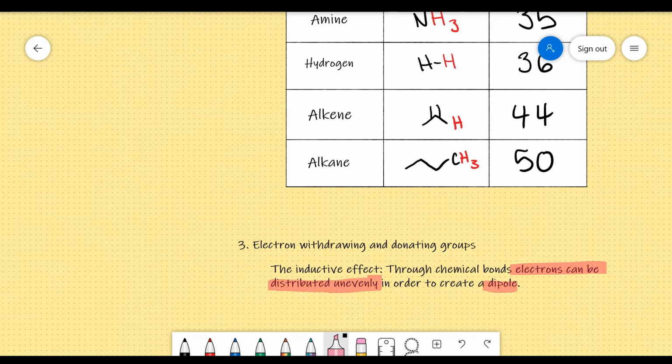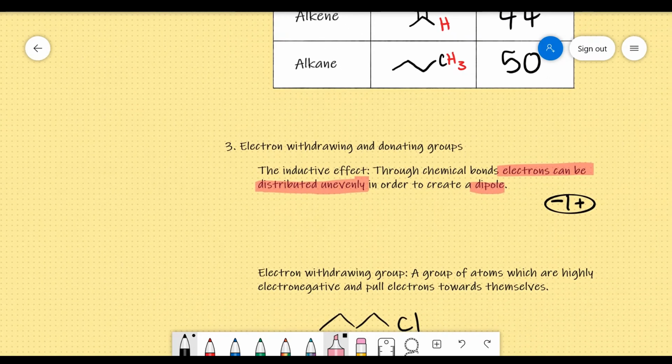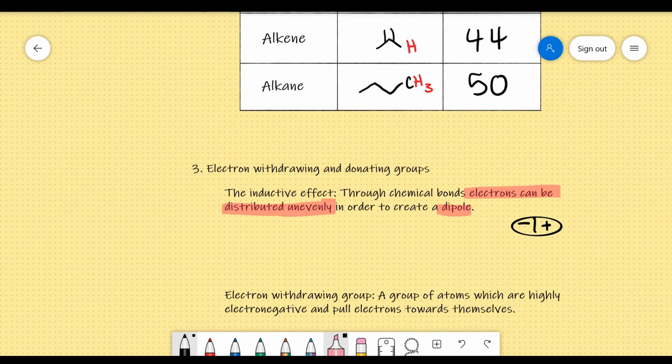Remember that a dipole is something where one end is more negatively charged and one end is more positively charged, right? So what is an electron withdrawing group? It's a group of atoms which are highly electronegative. Remember what this means.